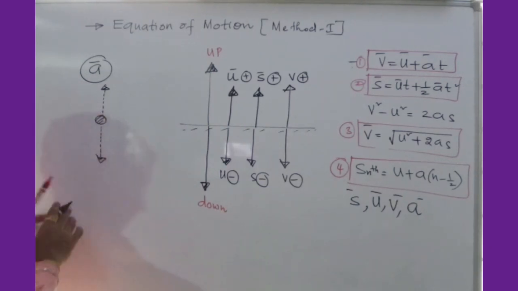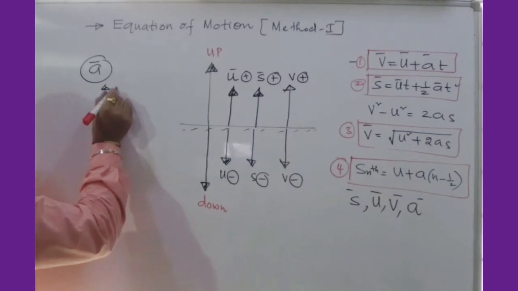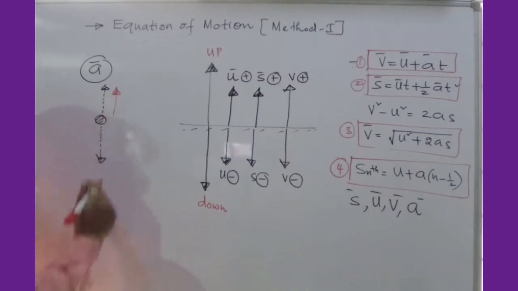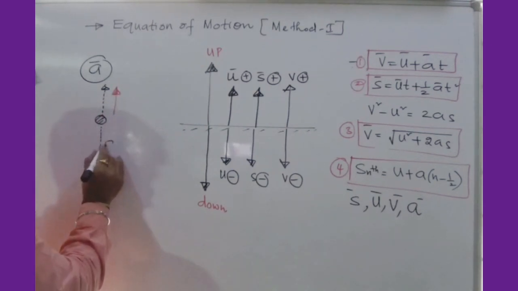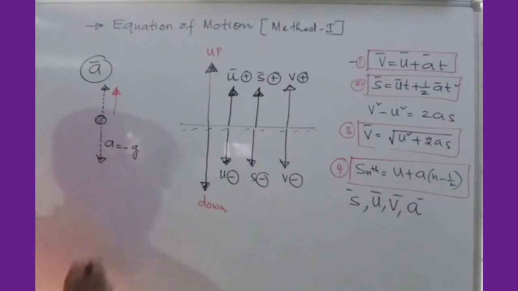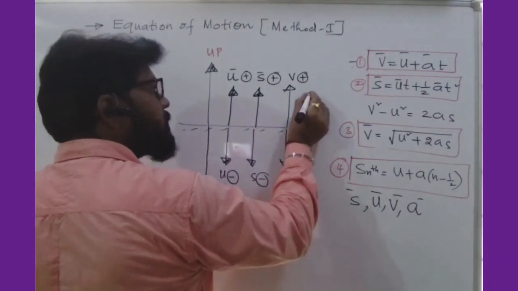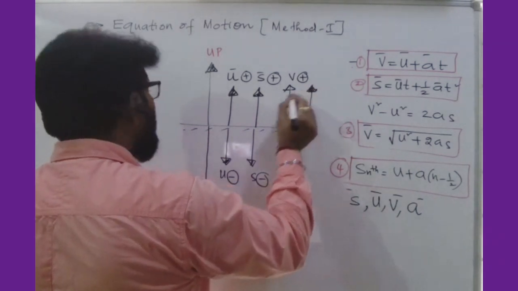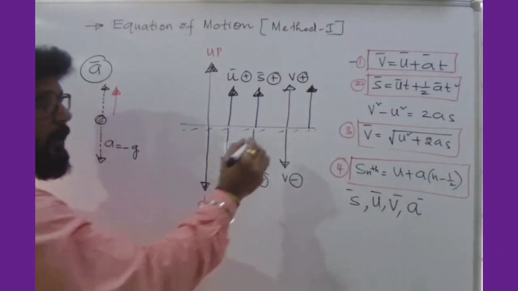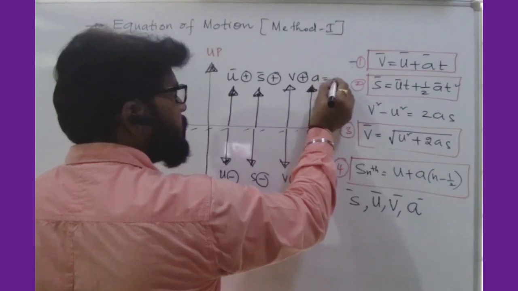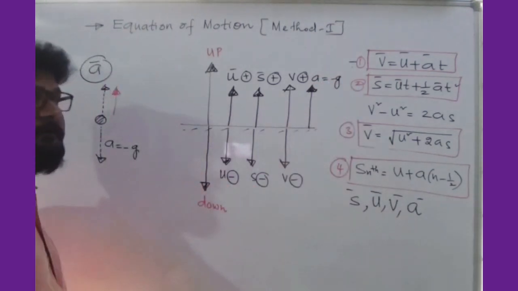Downwards. When the body is going in the upward direction, acceleration is in the downward direction. That means a is equal to minus g. When it is going in the upward direction, a is equal to minus g.